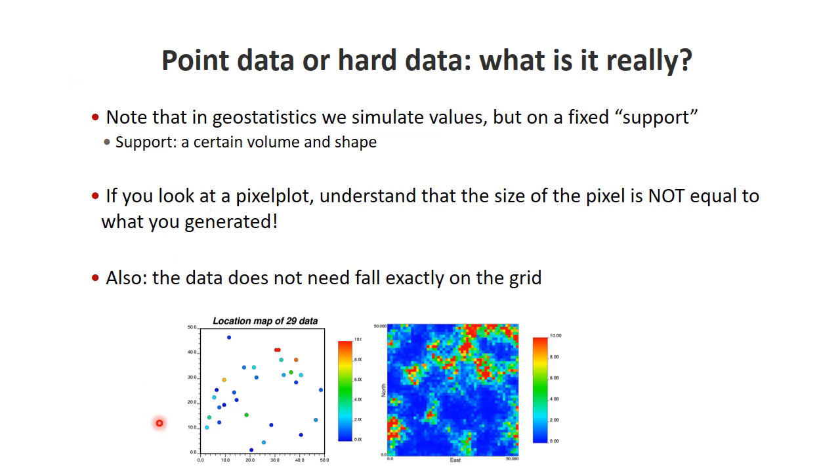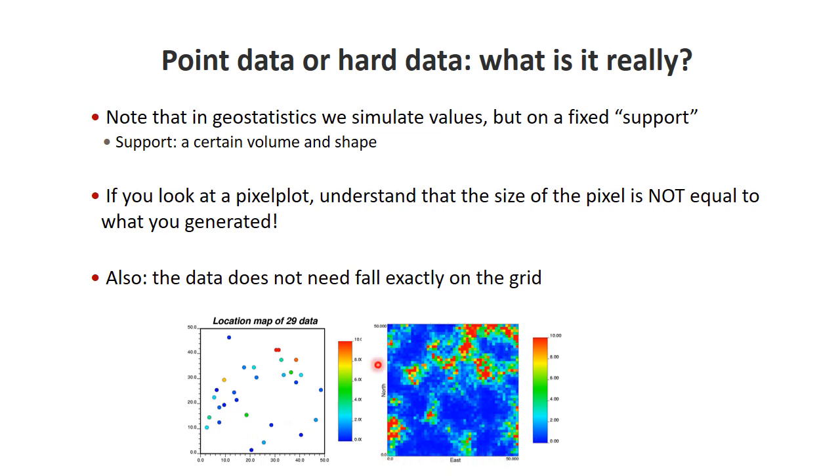The reason for that is very confusing, in the sense that your sample could have a very, very small volume. For example, you could go in the field and take a bucket of soil, analyze that, and that bucket of soil is mapped in an area, say, of 10 kilometers by 10 kilometers. So when you generate models, you're not going to create models with billions of cells at the size of the bucket of soil. You will just do that at a much sparser grid.